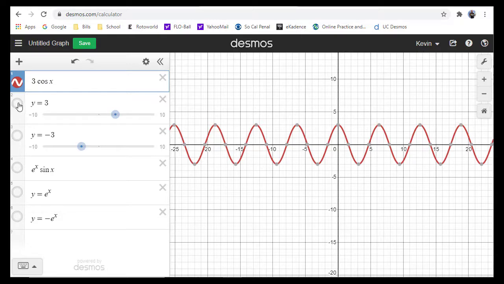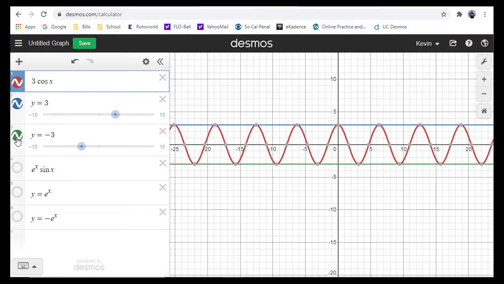Whereas just cosine x by itself goes up to 1 and down to -1, you can see this one has a top at y equals 3. That's the blue line right there. And a bottom at y equals -3. That's the green line. So by imagining a horizontal line at +3, and a horizontal line at -3, what we're doing is drawing a cosine graph that just squeezes in between those two lines.